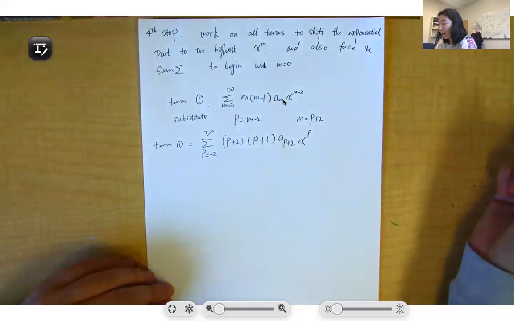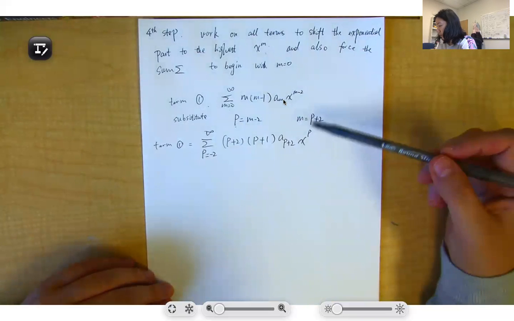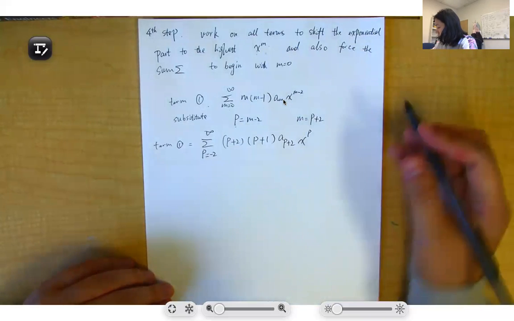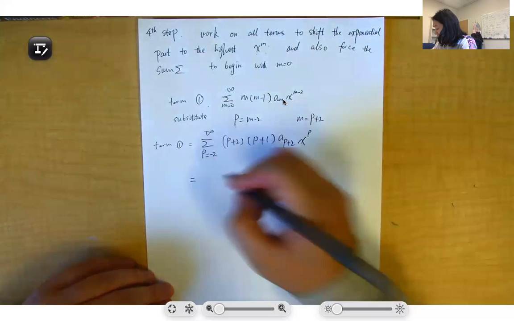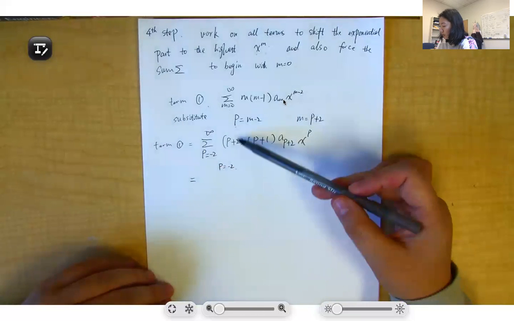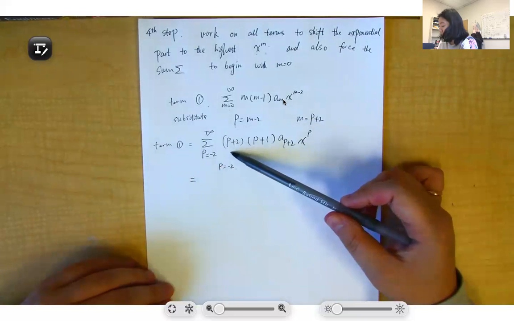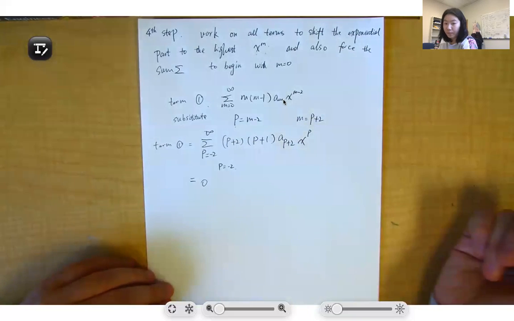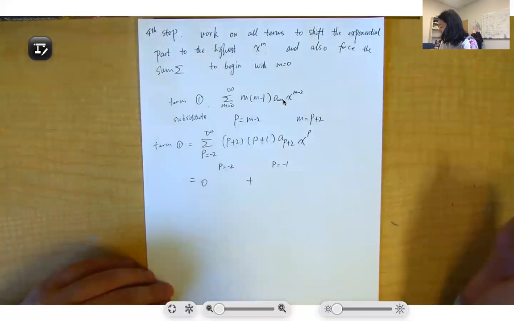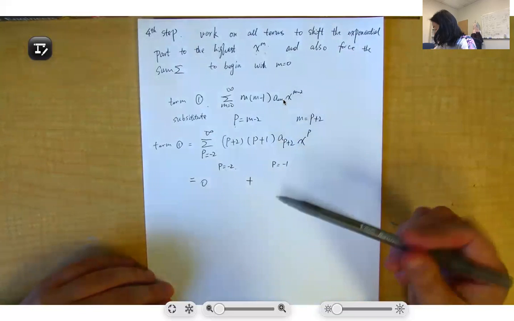Okay, then we can expand several terms and see whether we can shift that exponential part to x to the m. So let's start with p equals to minus 2. If p equals to minus 2, this term will be equals to 0. Then we don't need to worry about the rest. Then p equals to minus 1, this term will also be equals to 0.